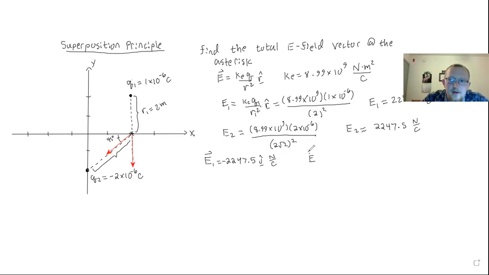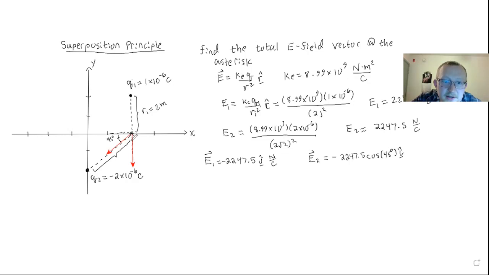So the vector E2 is going to be equal to, so the x component is, it looks like it's in the negative direction, and it's going to be the magnitude of E2 times, right, it's the adjacent to this 45. So that's going to be cosine 45 degrees in the i hat direction.